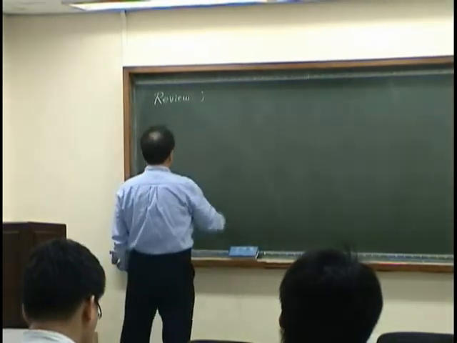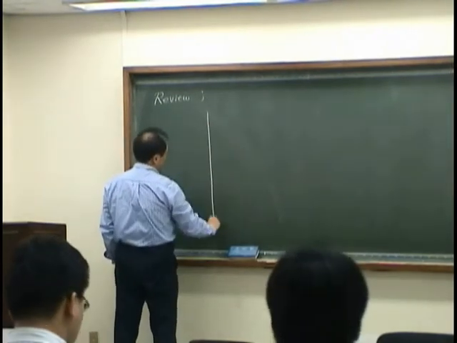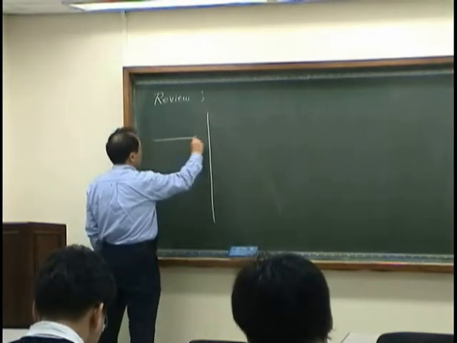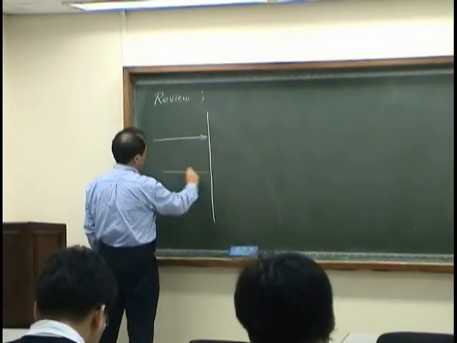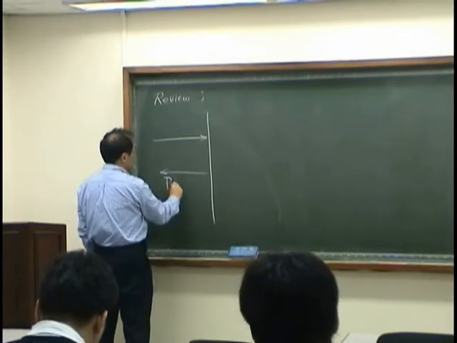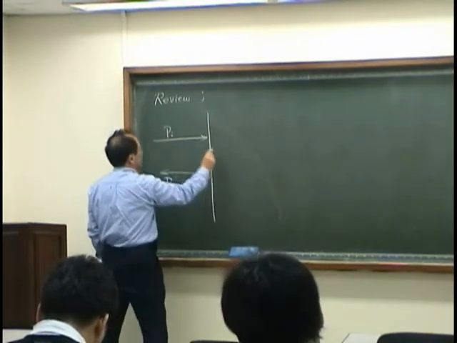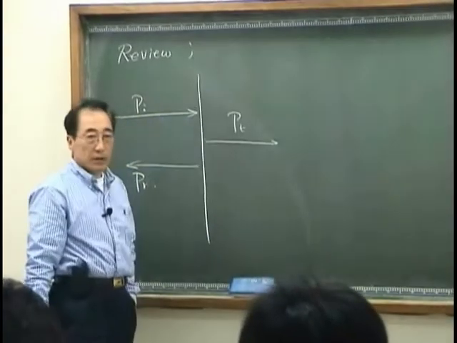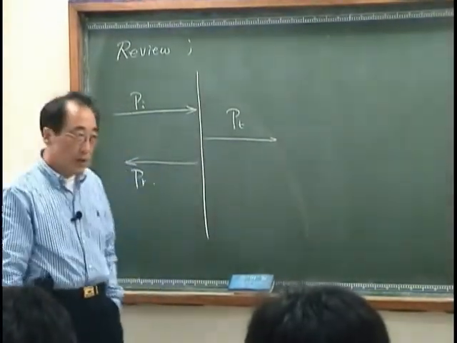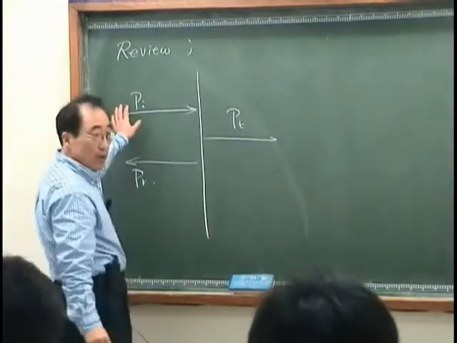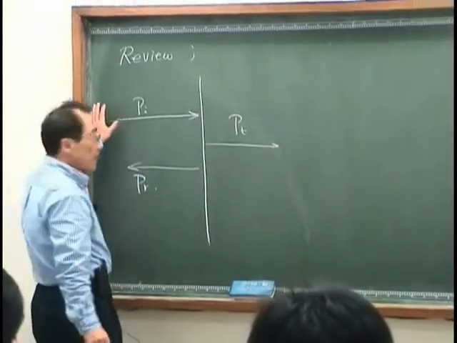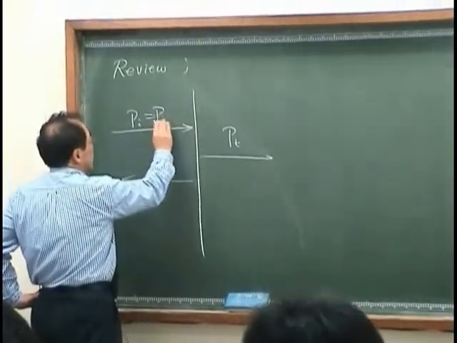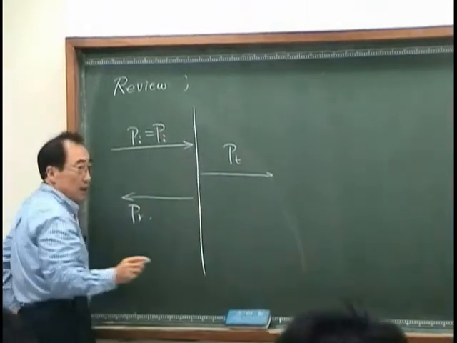In the last lecture, we studied how much wave would be reflected and how much wave is transmitted when we have an incident wave, and we expressed this incident wave in complex notation.